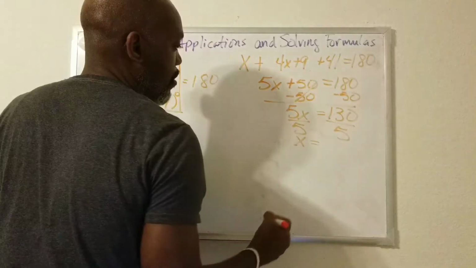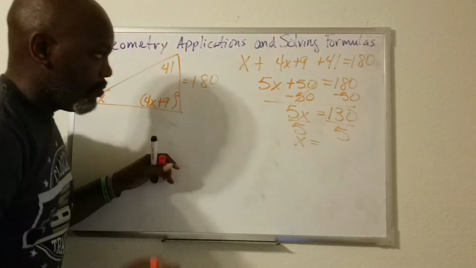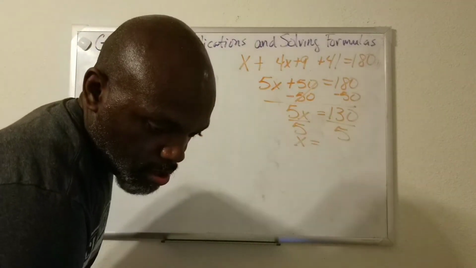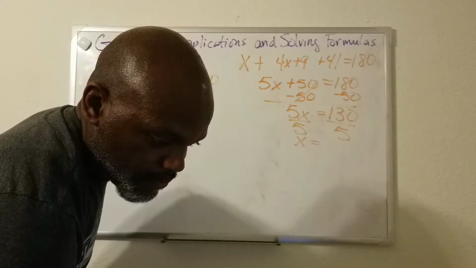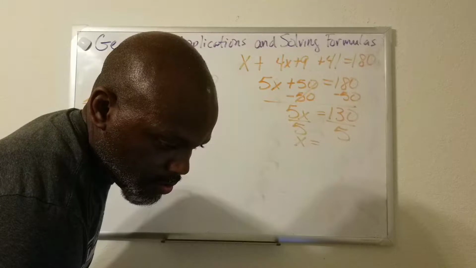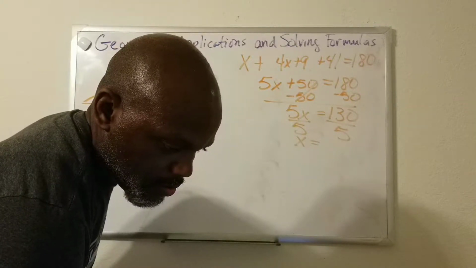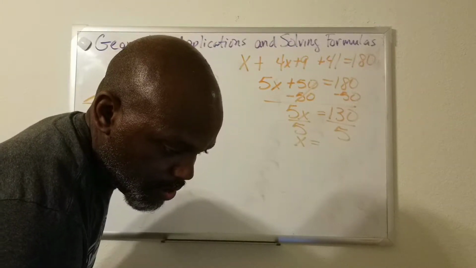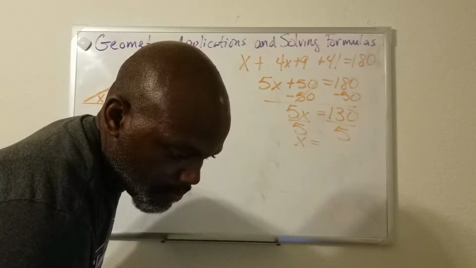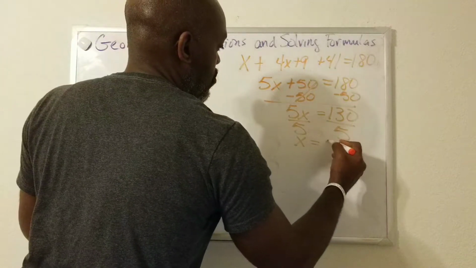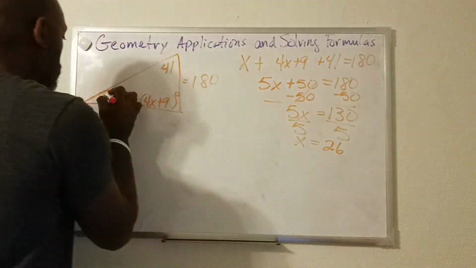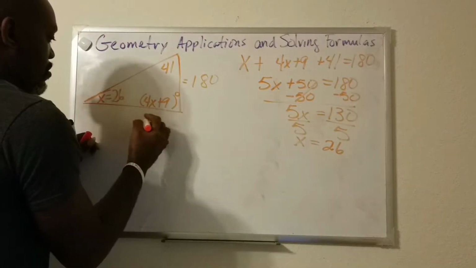That's the division property of equality. 130 divided by 5 is going to be 26. So this measurement is 26.